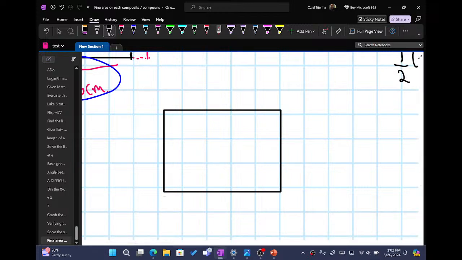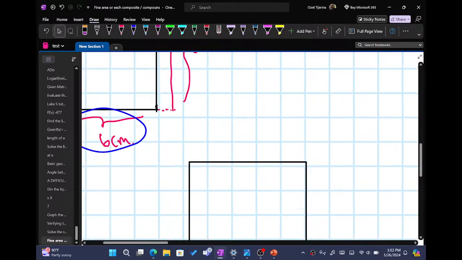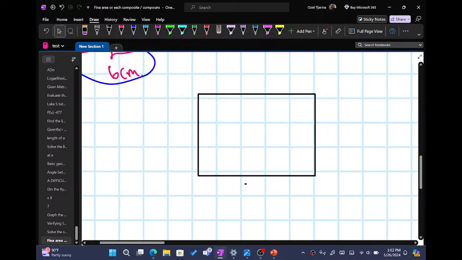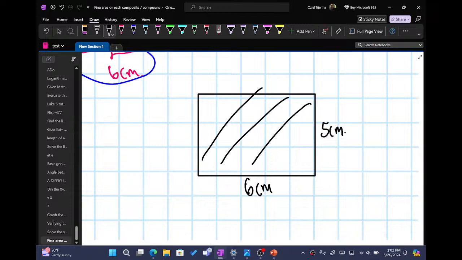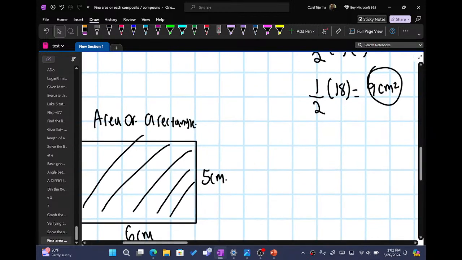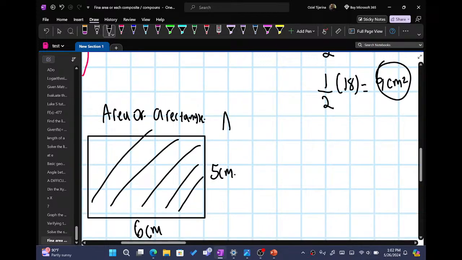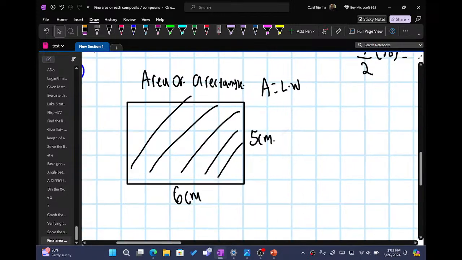We can see that for the rectangle, the bottom is 6 and the side length is 5, so it's 6 centimeters here and 5 centimeters over here. So the area of a rectangle, a type of quadrilateral, is area equals length times width, or base times height, right?